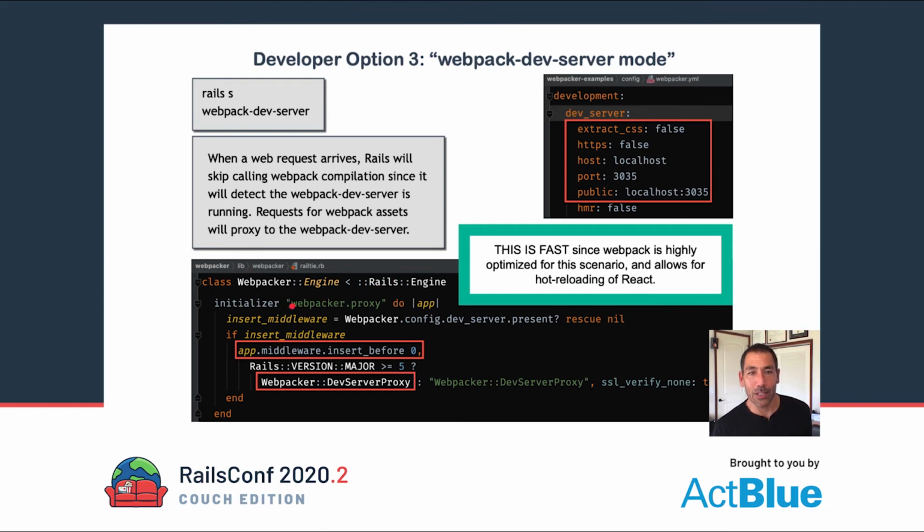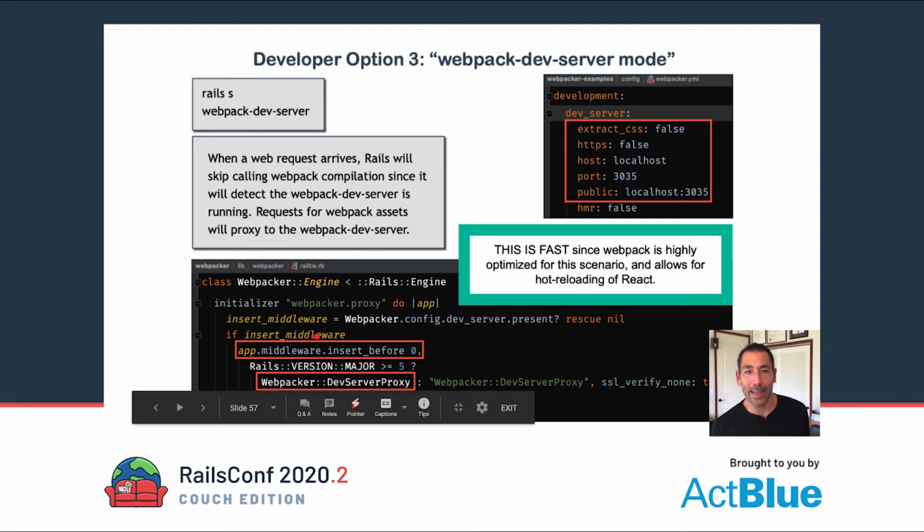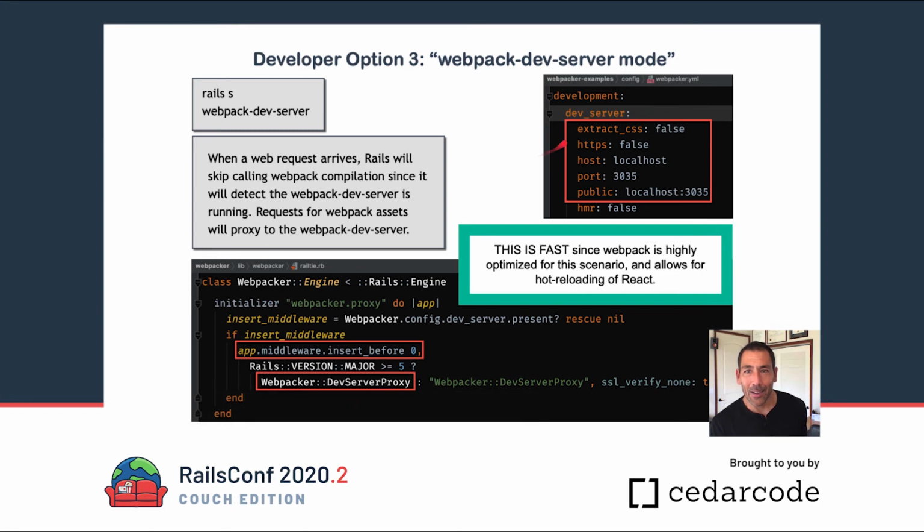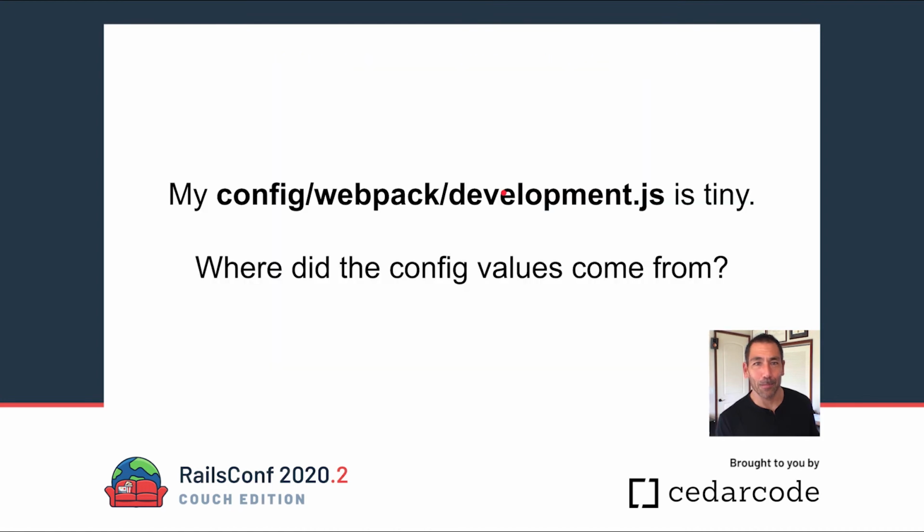There's a little initializer for webpack proxy, and it sets up app middleware insert before and sets up the dev server proxy right there. And that's where it is. And here's where all this stuff is set up inside your YAML file. And so that ties into running the Webpack dev server, and it also ties into what Rails is going to do in terms of the proxying. So I think that's pretty neat.